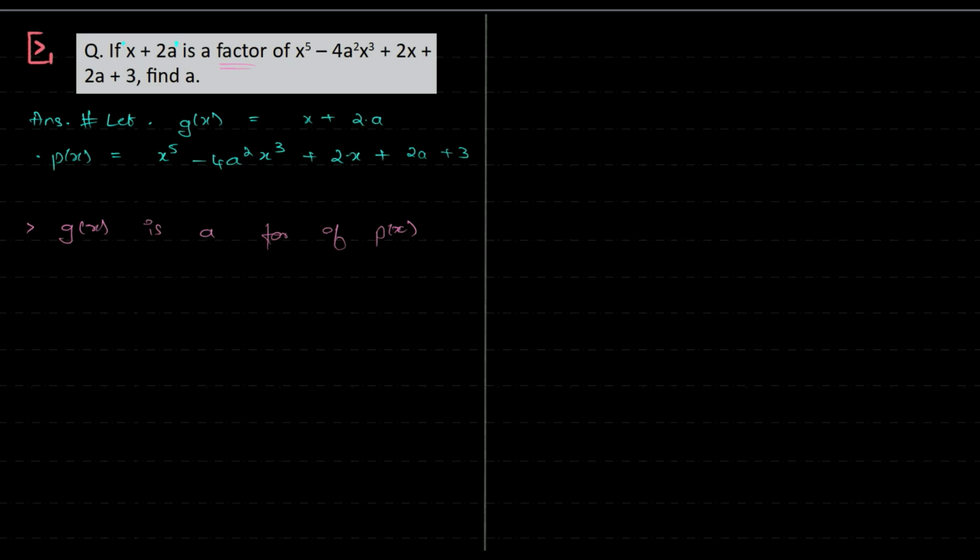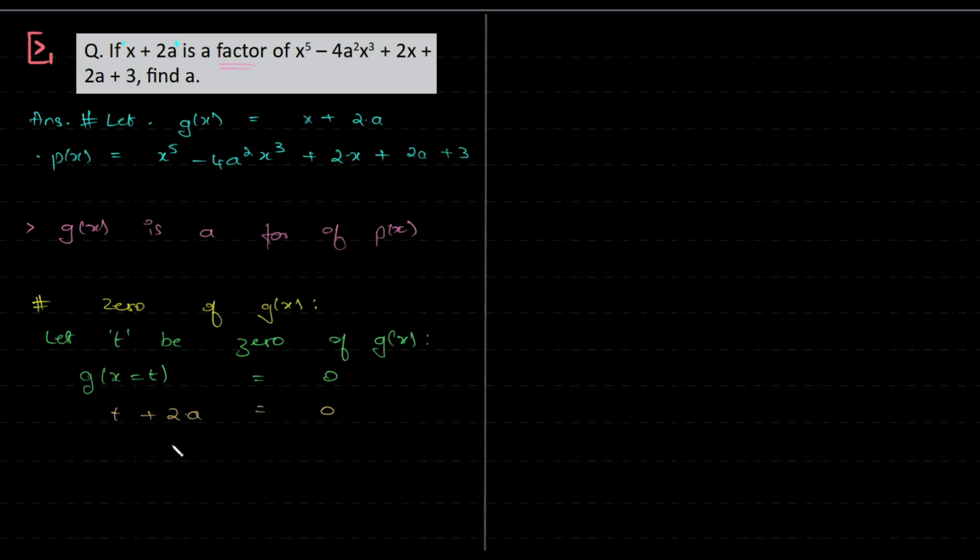So the very first thing is to find the zero of g of x. Let t be the zero of g of x. When g of x is evaluated at t, the output will be 0. That's the whole idea of a zero, right? Now it is nothing but t plus 2a is equal to 0.